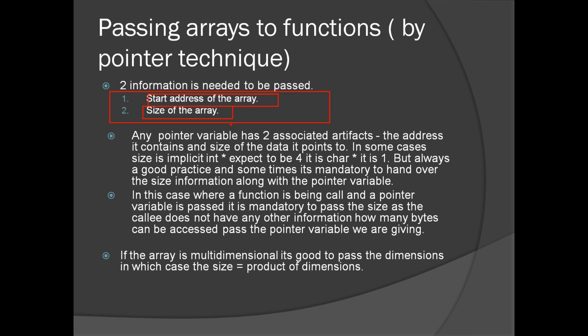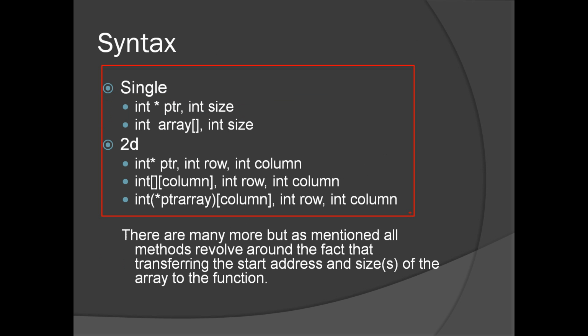In some cases it is not implicit, for example, in the case of a void star returned by malloc. The size is mentioned in the parameters. We do not know the size of the void star, so we have to give that size explicitly. So these are the different syntaxes we're going to discuss for single and two-dimensional arrays.